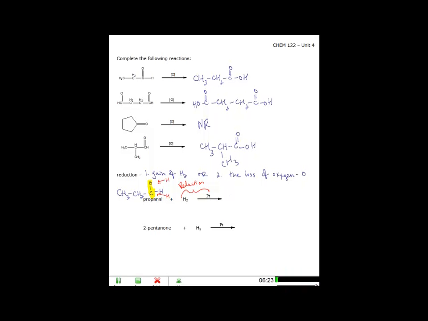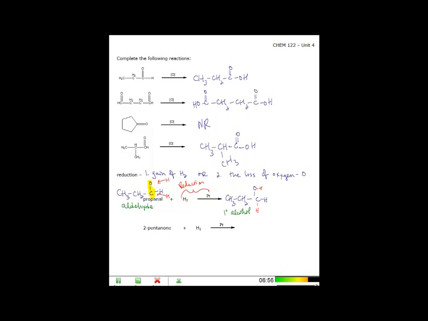Your product will look like this, and I'm going to keep my color coding. So we'll have O, and then off of this, we'll have H, and H. So you've taken an aldehyde and converted it to a primary alcohol. So aldehydes can be reduced to form primary alcohols.